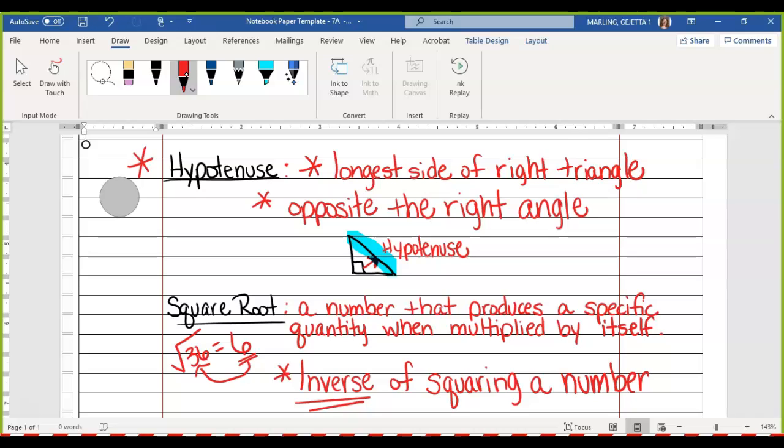From solving equations, inverse is just another word for opposite. The opposite of addition is subtraction, so the inverse of addition is subtraction. So the inverse of squaring a number is to take the square root of that number. You'll see that more tomorrow as we actually solve using the Pythagorean theorem.